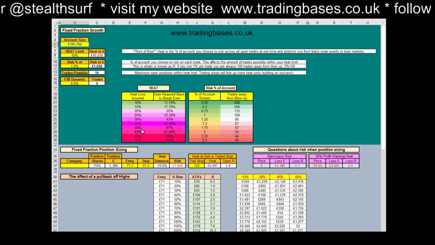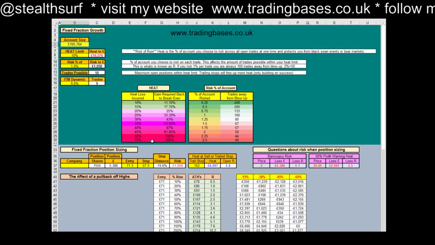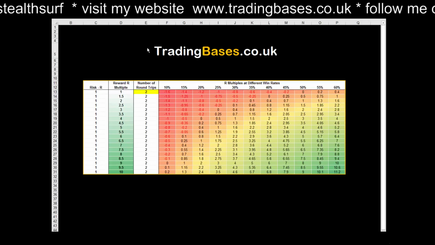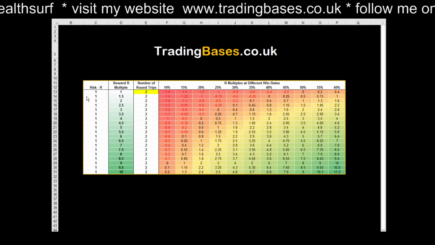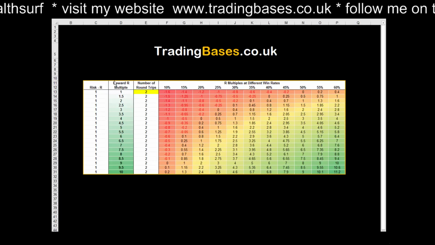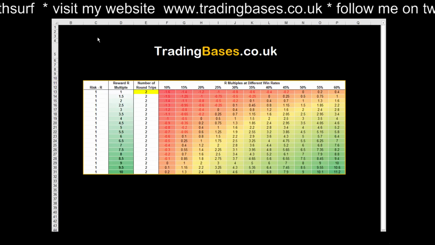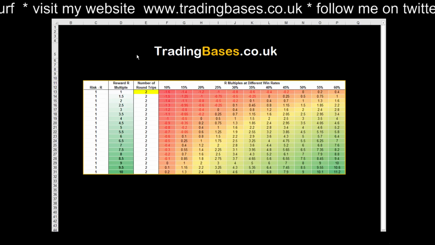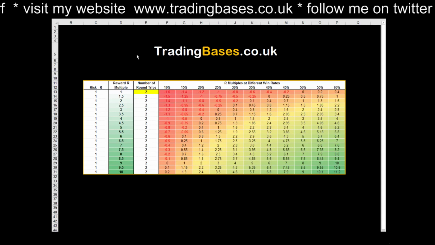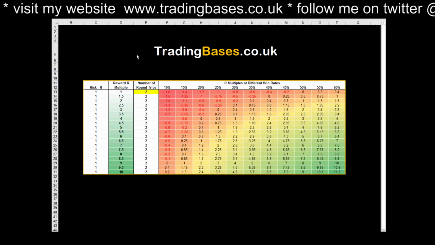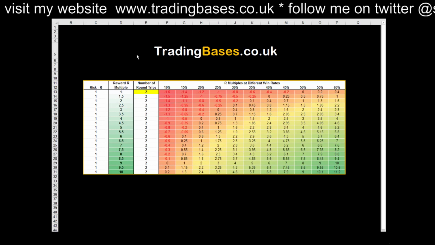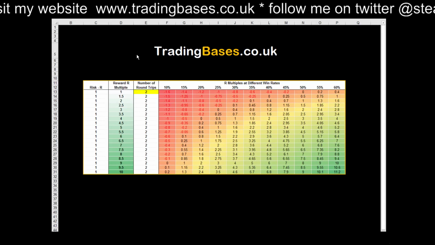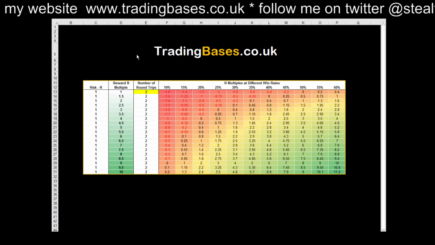So I'm going to follow on from this, and we're going to talk about R multiples now. I've got the Trading Bases R multiple calculator here. And anyone who's listened to me go on about this for some time will be able to recite this by heart: money is made in the market by risking one to make two or more, and being right about half of the time.